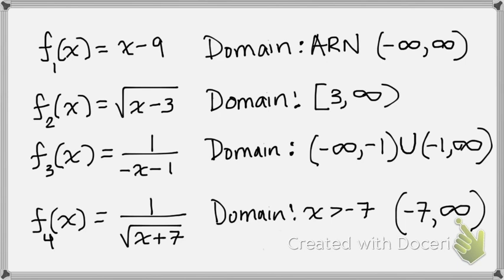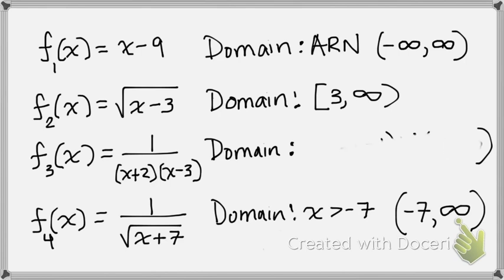A common thing that you'll see with a fraction is we might have a couple of factors. So let's go x plus 2, x minus 3. So in this case, the domain is I cannot have a negative 2 because that would come out to 0, and I cannot have a 3 because that would come out to 0. So how do I write that with interval notation?